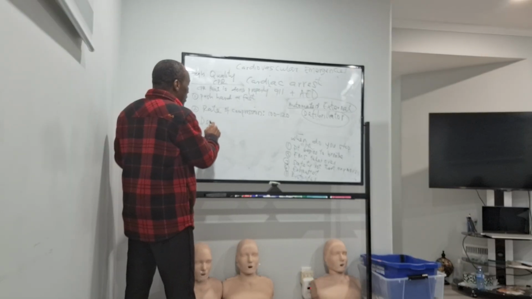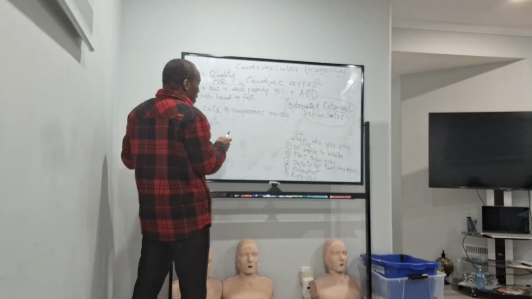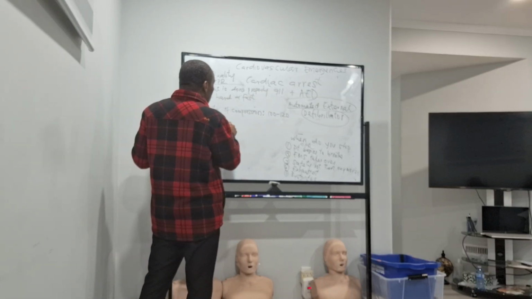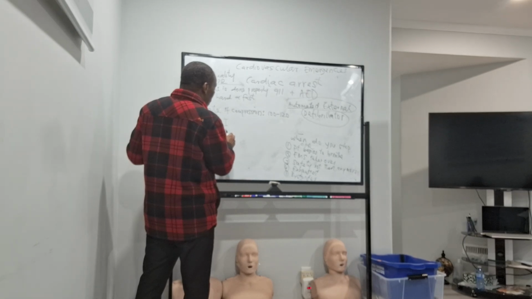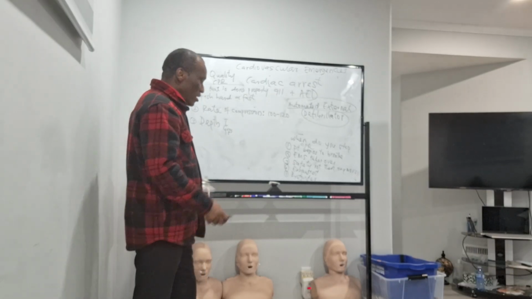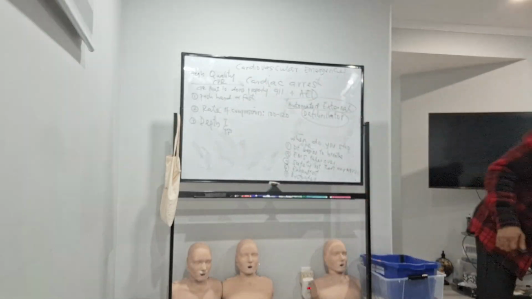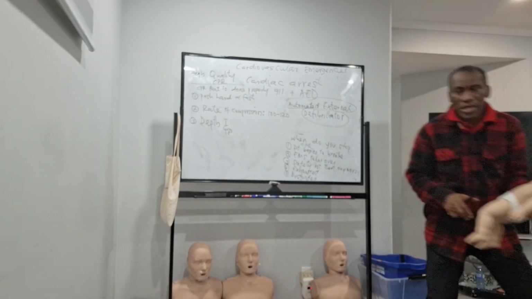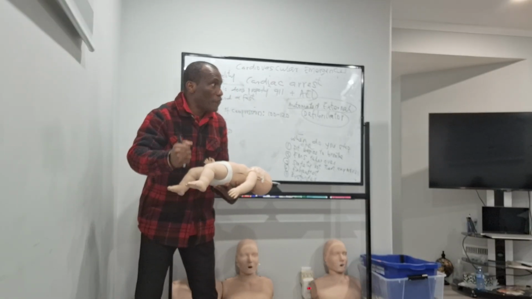Now depth, how deep you compress. For a baby, infant, it is 4 centimeters or 1.5 inches. Remember, you're using 2 fingers for a baby. The baby is lying on a flat, firm surface.